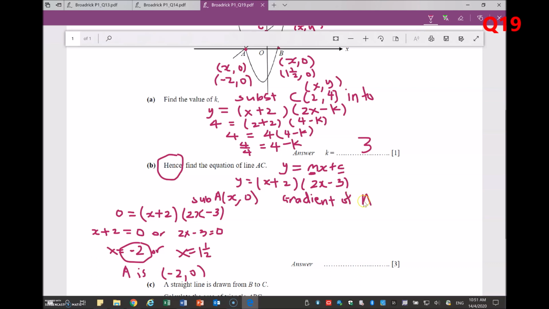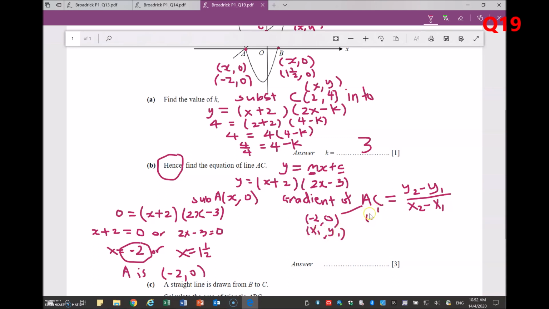Gradient of line AC, I'll use the formula y2 minus y1 over x2 minus x1. So A is negative 2, 0, and this is x1, y1.